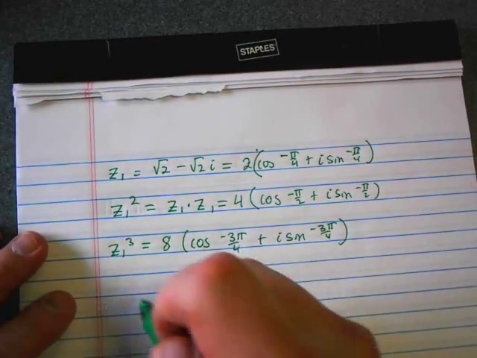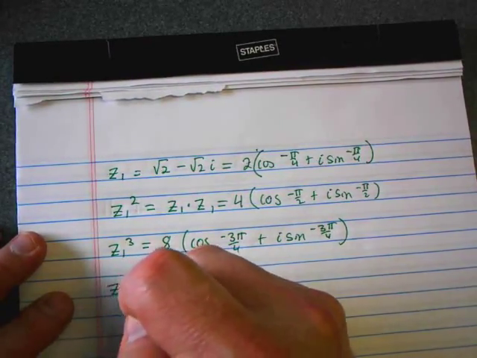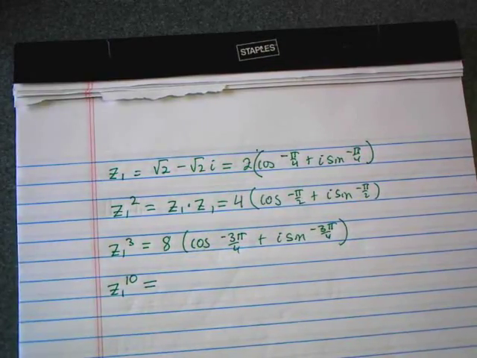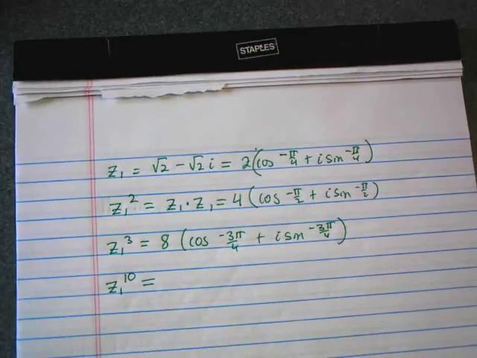All right, well, I'm going to go crazy then. What if I wanted to take my number and raise it to the 10th power? What number would I have out front? And how did you get 1024?